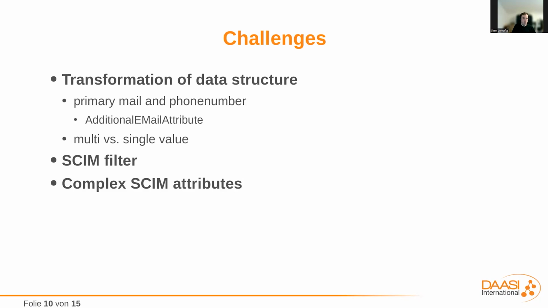We want to have performant filters, especially performant MidPoint filters. So if someone enters a SCIM filter, we want to transform it into as performant a MidPoint filter as possible, and this requires some extra work. But in the end, I think we found quite a good approach.